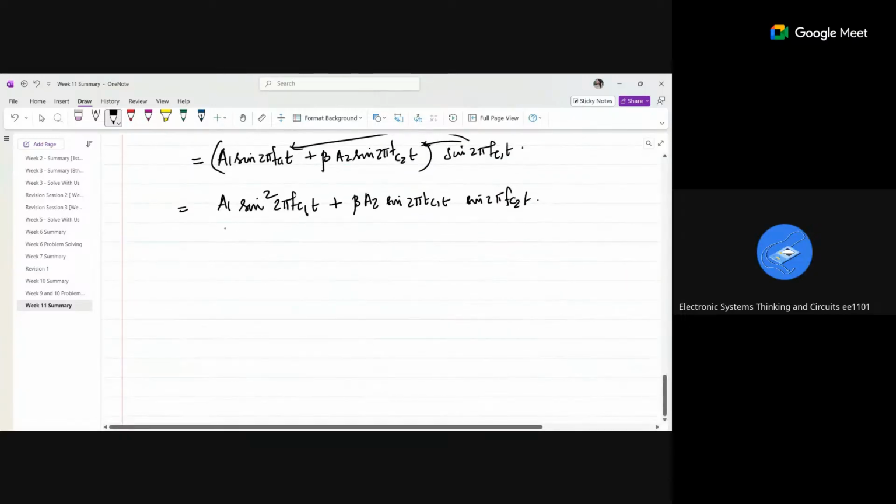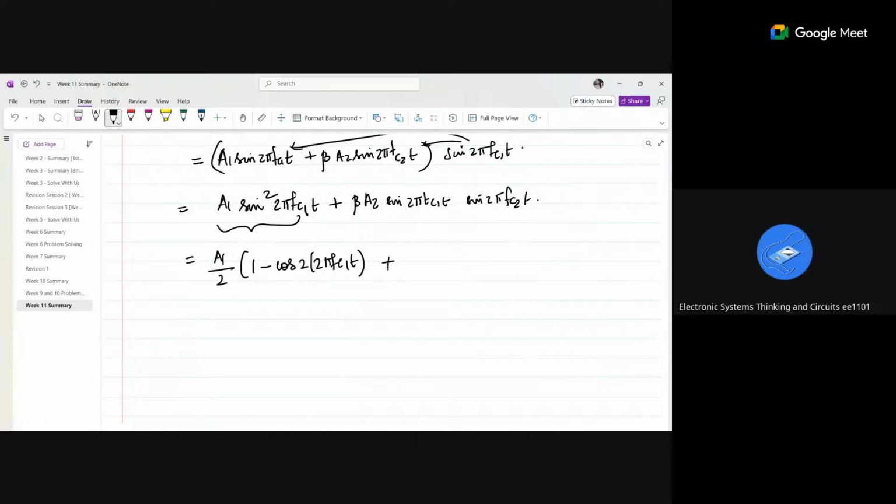Now we will expand all the terms. The first is a1 by 2 times 1 minus cos 2 into 2 pi fc1 t, plus beta a2 by 2 times, since sin A sin B gives cos, cos 2 pi (fc1 minus fc2) t minus cos 2 pi (fc1 plus fc2) t.